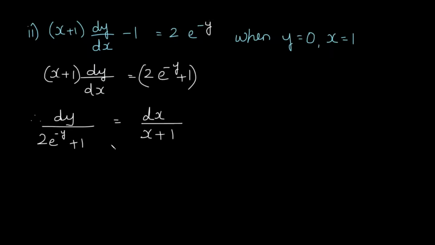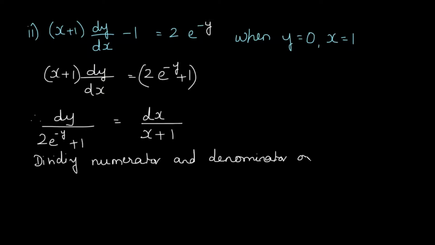Now integrating both the sides. Oh, before that let us just simplify this term properly. So now, see, 2e raised to minus y plus 1. To make it easier to solve, we divide both numerator and denominator of the LHS, the left hand side, by e raised to minus y.